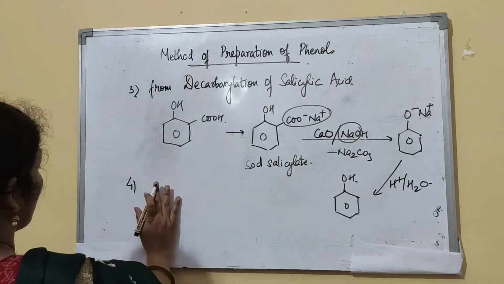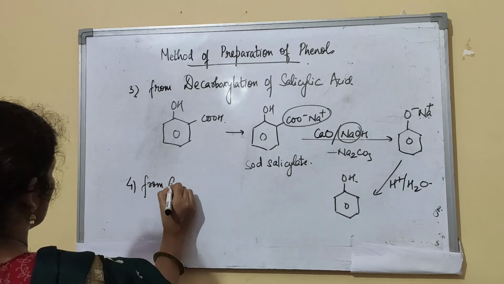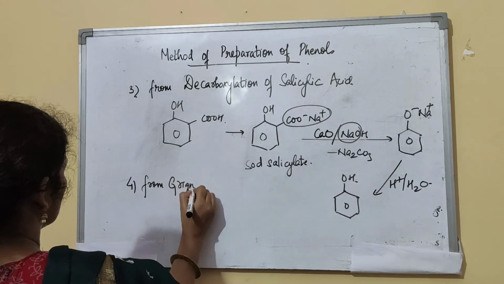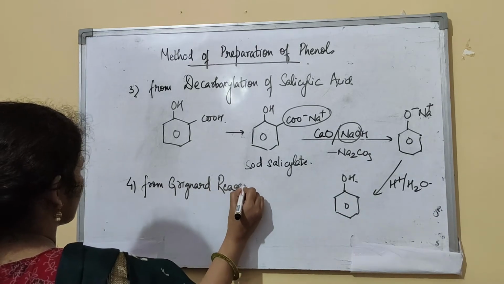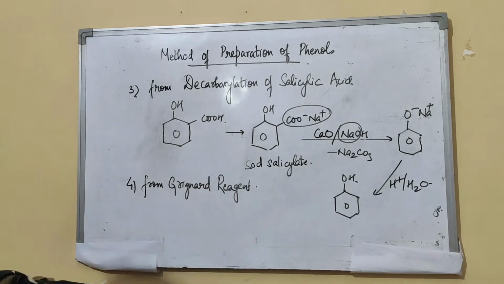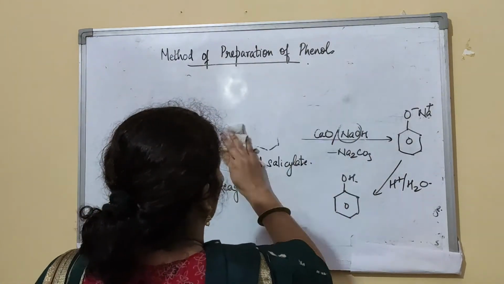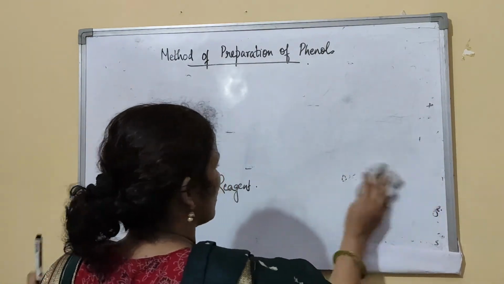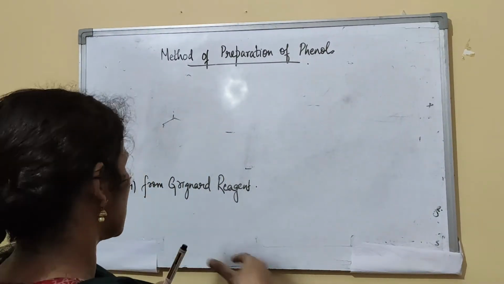Sorry. The fourth one would be from Grignard reagent. Now what is a Grignard reagent? If you remember, the Grignard reagent can be written as RMgX, isn't it?